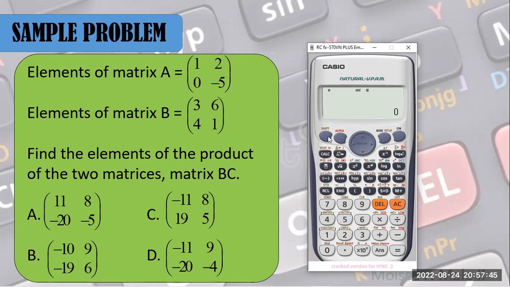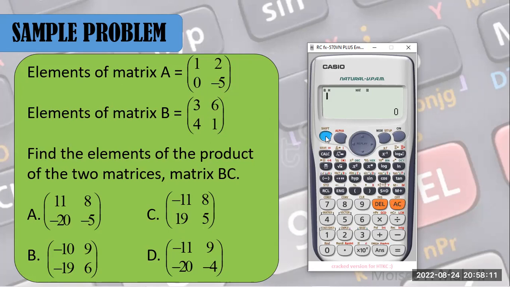Okay. Tapos, start, skip math pala. Skip math. Tapos, data ng matrix B, 2. So, 2 by 2 pa rin, 5. Okay. So, you have 3, 6, 4, 1. So, pag product, diretso lang.